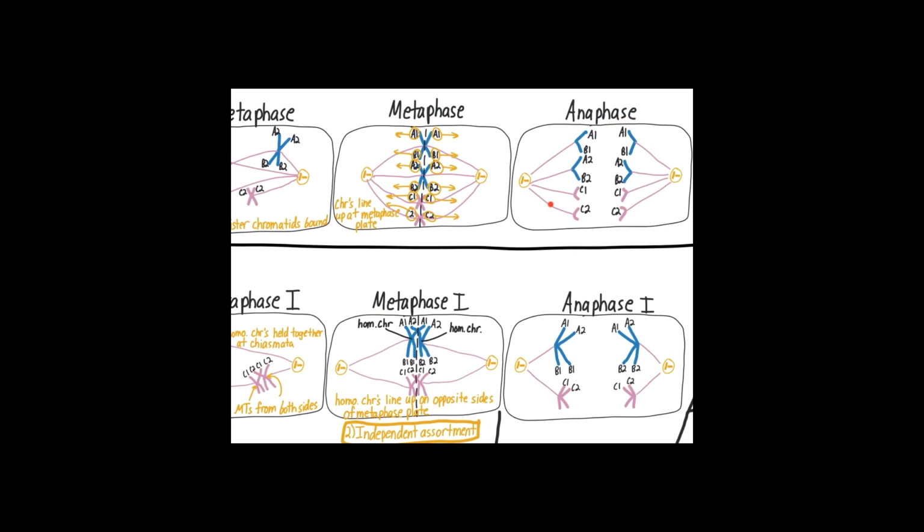During anaphase of mitosis, sister chromatids are pulled apart. They come apart because the cohesin that is holding them together gets degraded. But during anaphase 1, the sister chromatids stay together, and it's the entire homologous chromosomes that are pulled towards one end of the cell or the other.